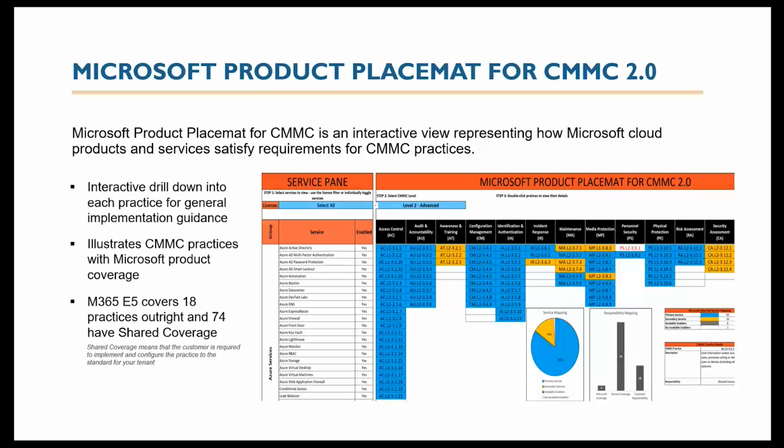And for each of these things, if you enable it or disable it, if you flip the switch from yes to no, it shows you which of these domain or control families and the specific assessment objectives that you can meet with each of those Microsoft GCC High Cloud services that is on the left.